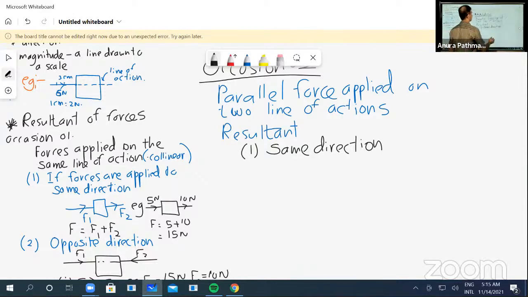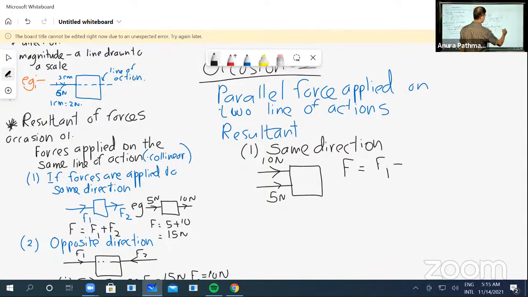It's not being written neatly. That means there is an object. One force is applied, 10 Newton. Another force is applied, 5 Newton. So the resultant force is F equals F1 plus F2.